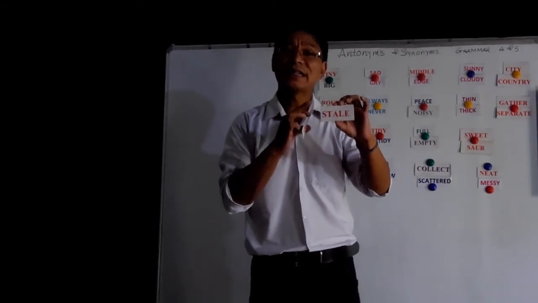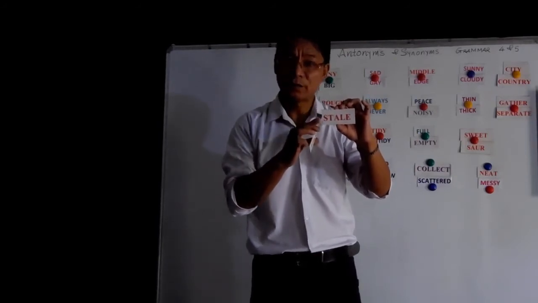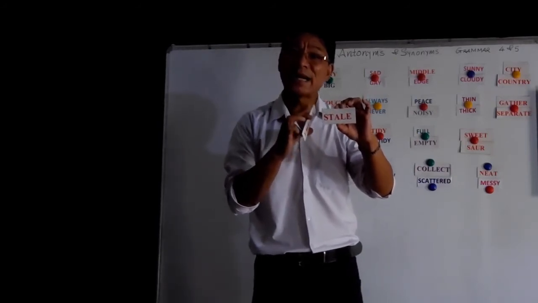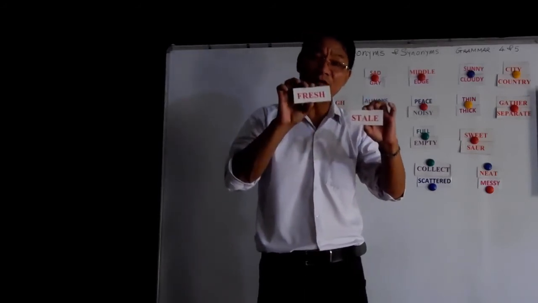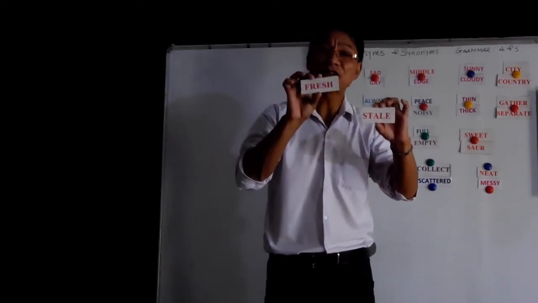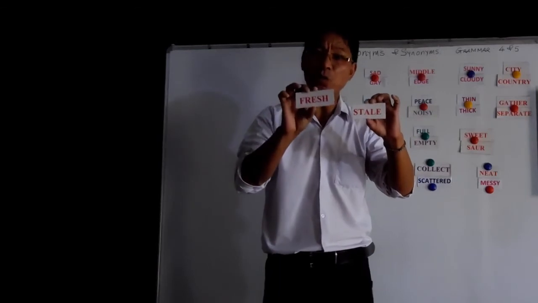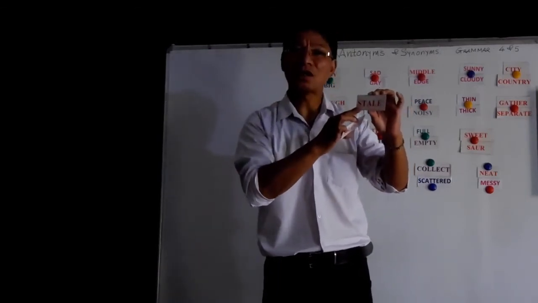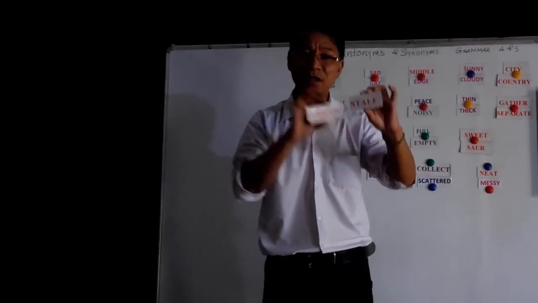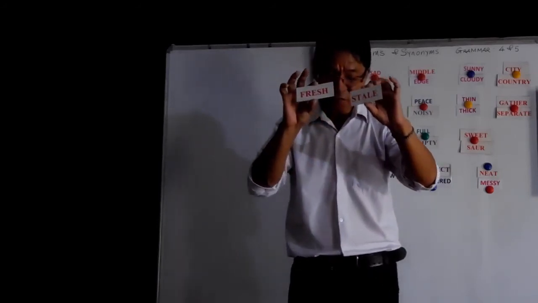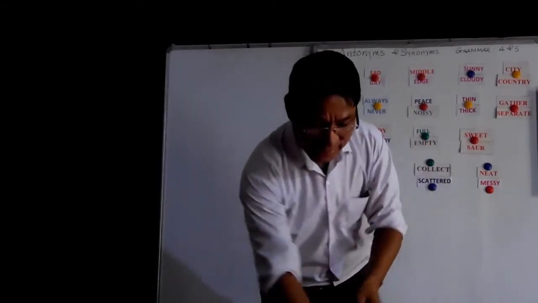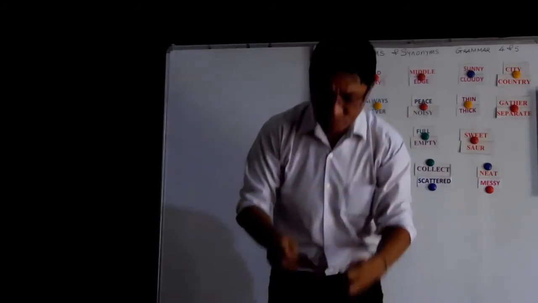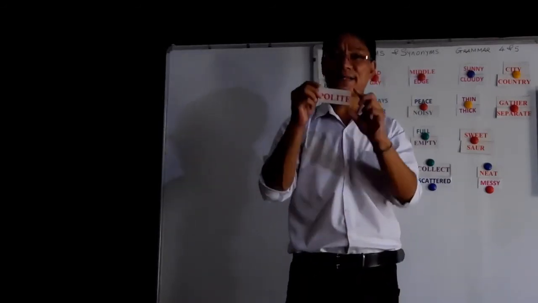We should not eat stale food. हामीले बासी खाना कहिले खानु हुँदैन. We should always eat what? Fresh food. Drink fresh water. Do not drink stale water or stale food or stale vegetables. So stale and fresh.